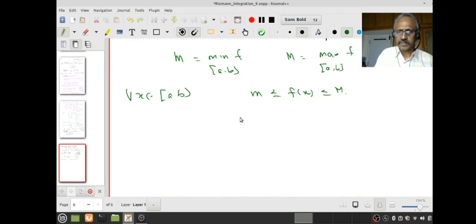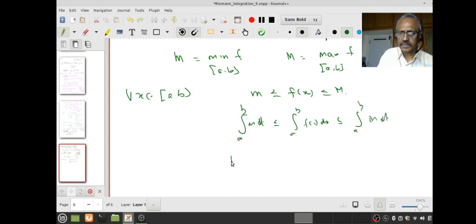Therefore, by monotonicity, the integral from a to b of m dt should be less than or equal to the integral from a to b of f(x) dx, which should be less than or equal to the integral from a to b of M dt. But what is this? This is little m into (b minus a), less than or equal to this integral, less than or equal to capital M into (b minus a). So what do I get?